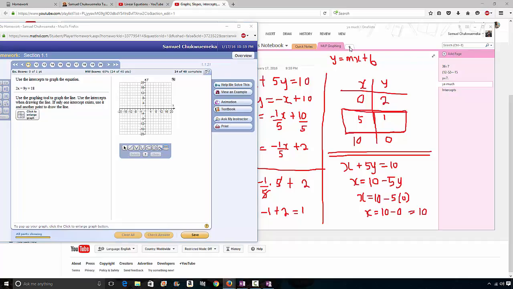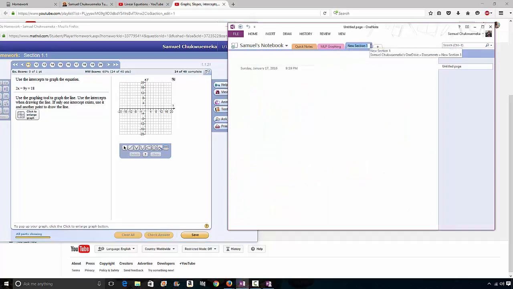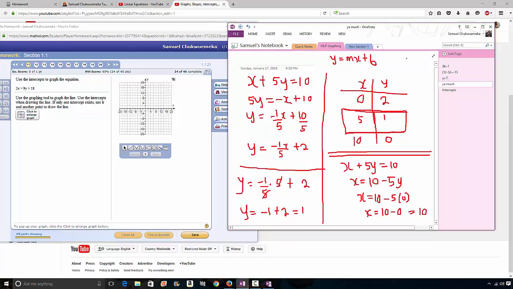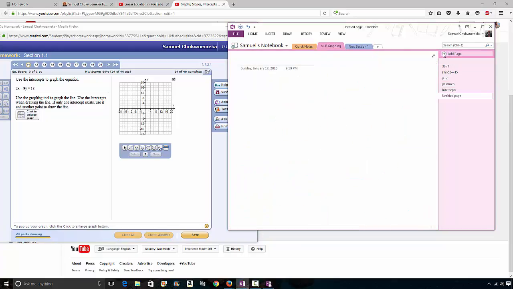Add a new page. We have 2x minus 9y equal to 18. So let's go ahead and get our x-intercept. 2x will be 18 plus 9y.